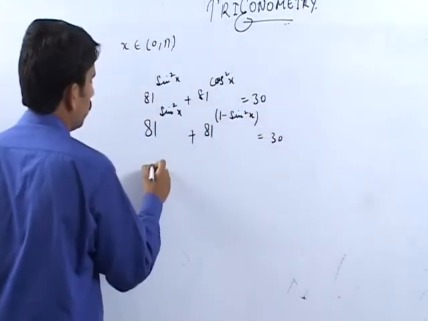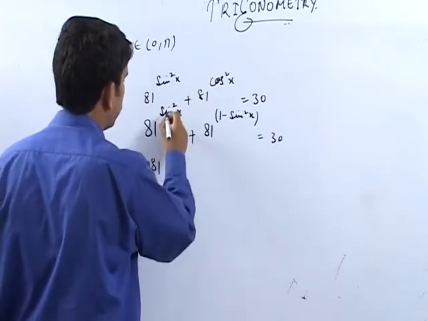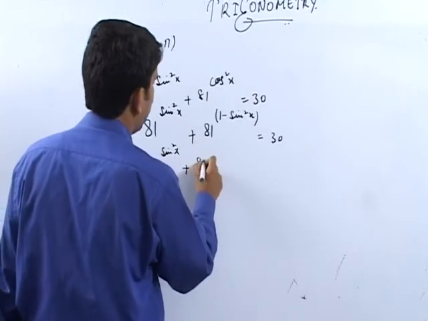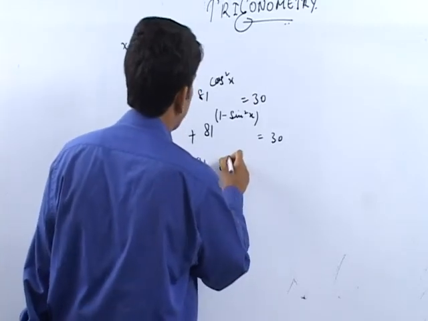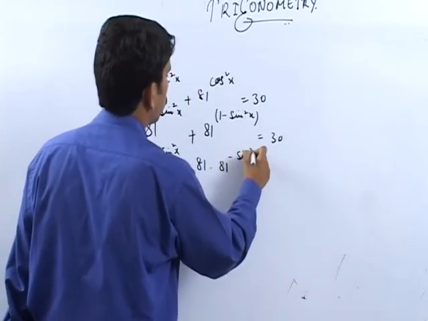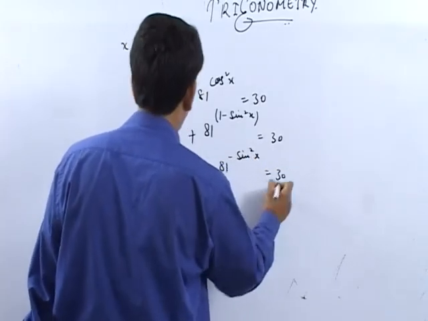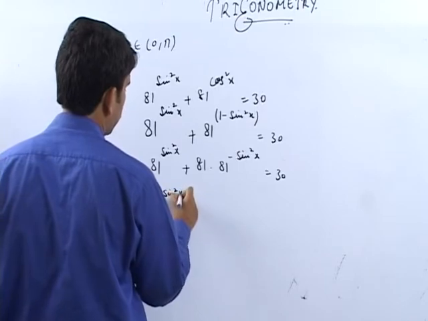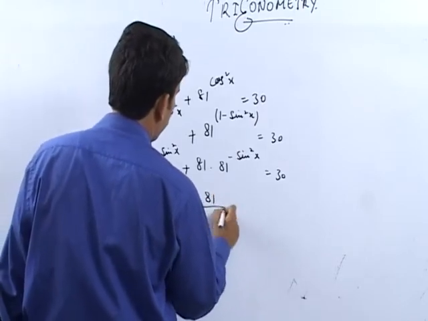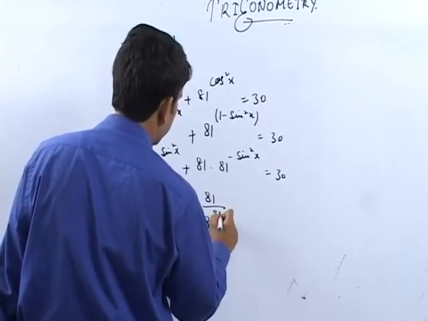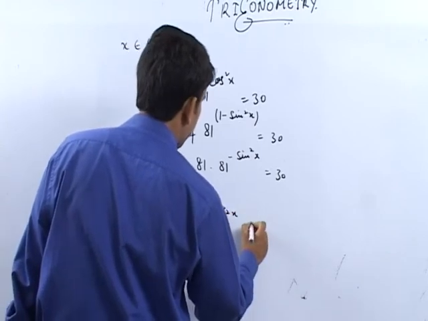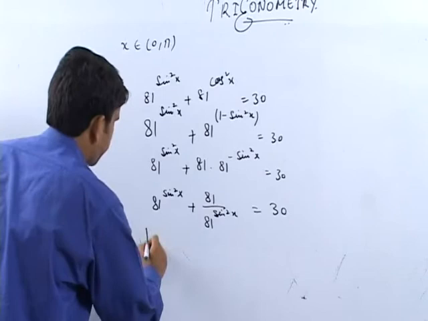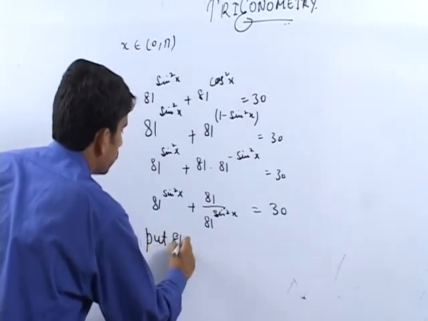Now this will be 81 raised to sin square x plus 81 over 81 raised to sin square x is equal to 30. Now put 81 raised to the power sin square x is equal to t.